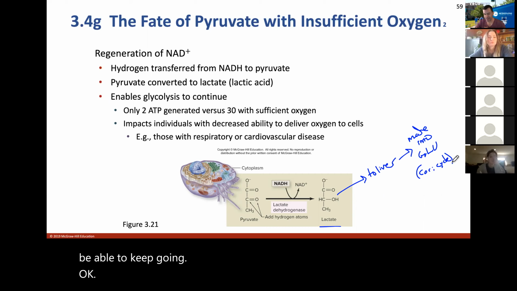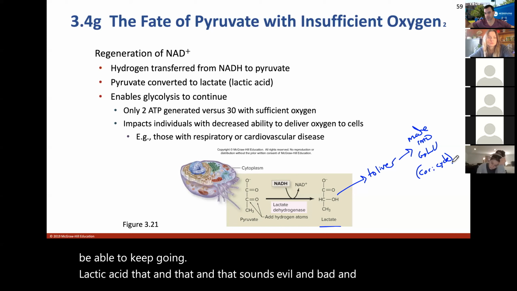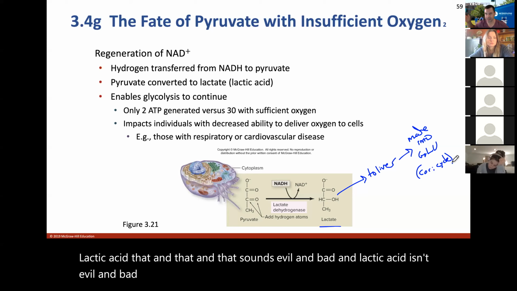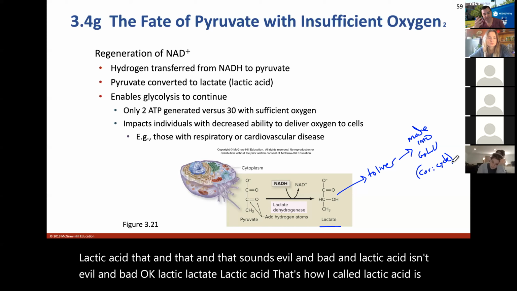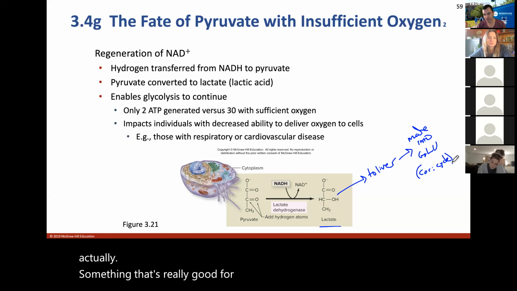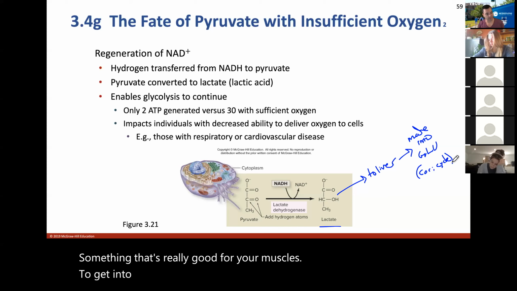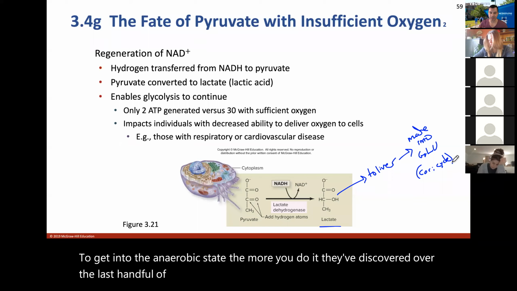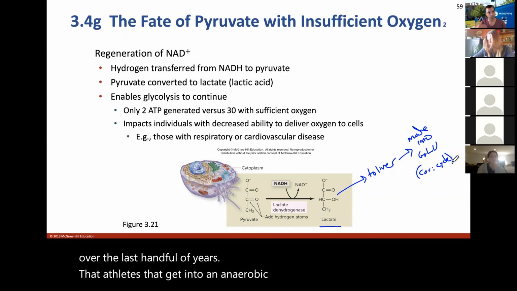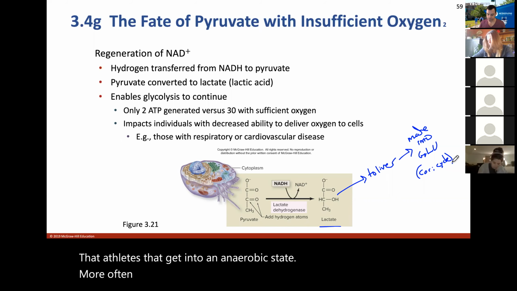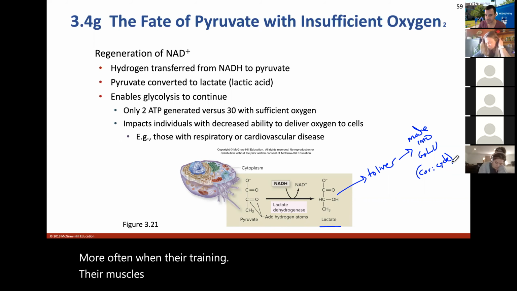Lactic acid, that sounds evil and bad. And lactic acid isn't evil and bad. Lactic acid is actually something that's really good for your muscles. To get into that anaerobic state, the more you do it, they've discovered over the last handful of years that athletes that get into an anaerobic state more often when they're training, their muscles become more effective at pumping out lactic acid, making it back into glucose and shipping it back.